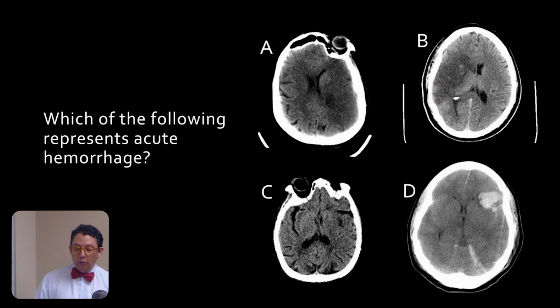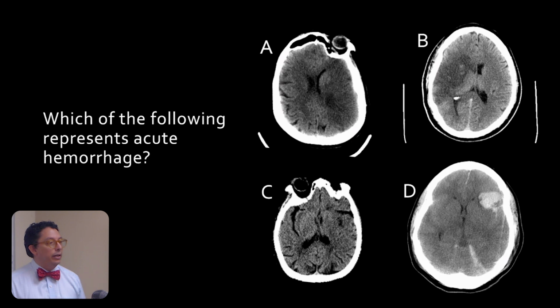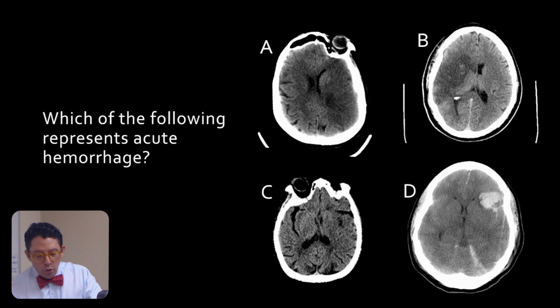So which of the following images, and it can be more than one, has a hemorrhage? A, B, C, or D? Remember, hemorrhage is iron. Iron is going to be white, hyperdense. So look carefully.